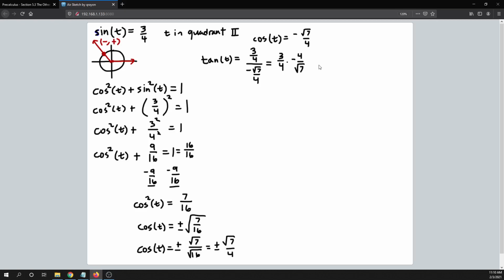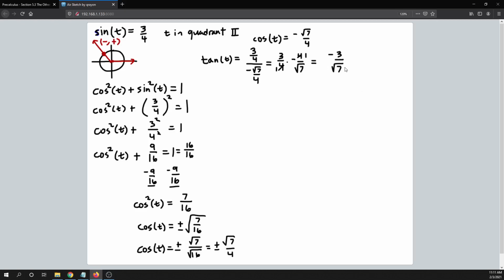And then I can simplify this by canceling out this common factor, right? 4 is a common factor between the numerator and the denominator, so I can cancel that out. And then multiplying across the tops, I have 3 times negative 1 is negative 3. And on the bottom, 1 times square root 7 is square root 7.